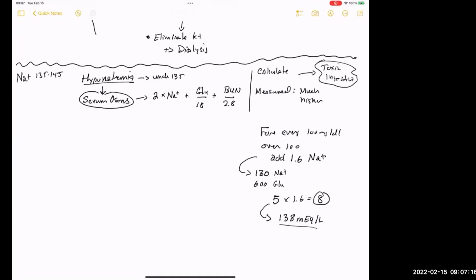All right. So you have hyponatremia, calculate the serum osmolality, compare it to the measured. If the measured is a lot higher, think toxic ingestion, and then look at the patient's glucose. And if the glucose is over 100, then you need to take that into account and make sure that it is not a hyperglycemia that is causing a falsely low sodium.